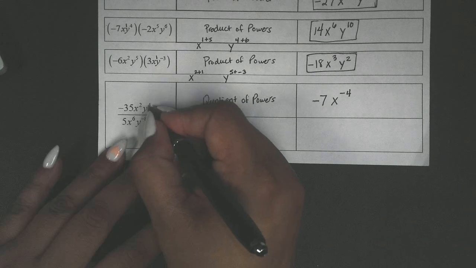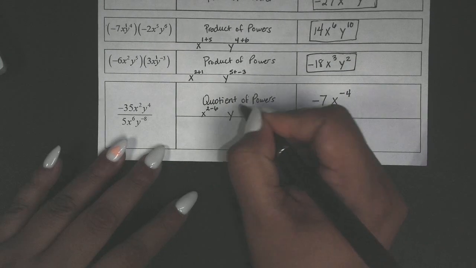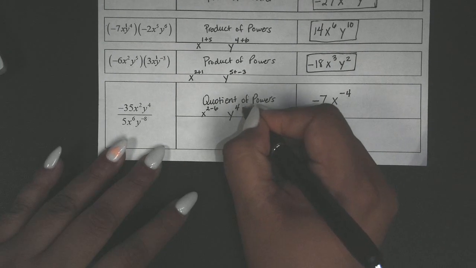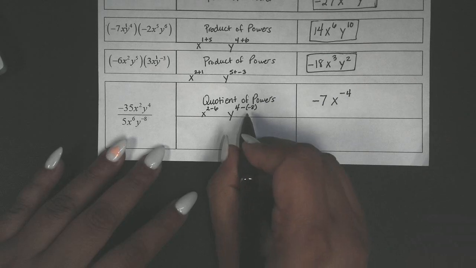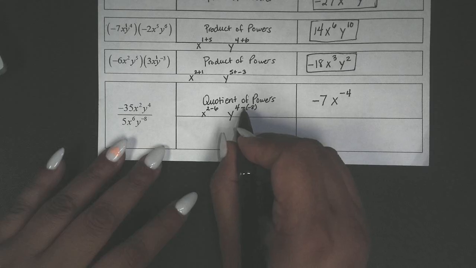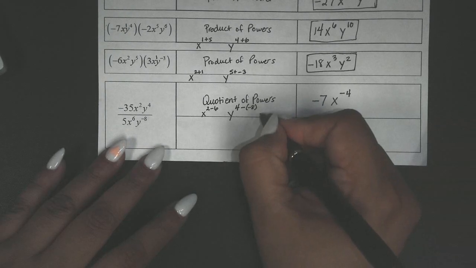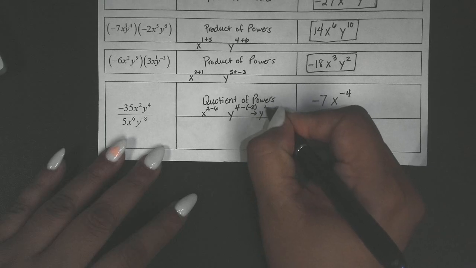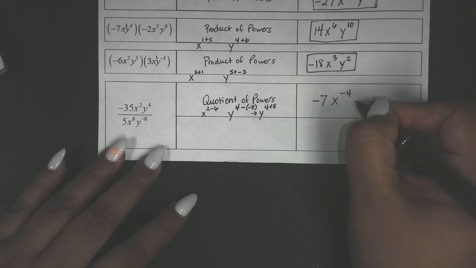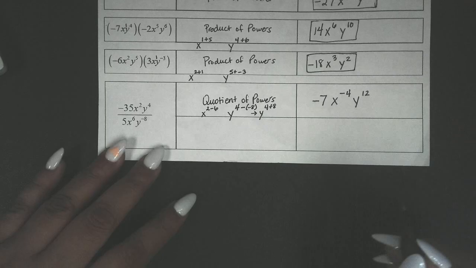And then I'm going to do my y's now. Be careful of this because with the negative 8, you're still going to do 4 minus a negative 8. And these two negatives will make a positive. So this is actually 4 plus 8, which gives me y to the 12th power.